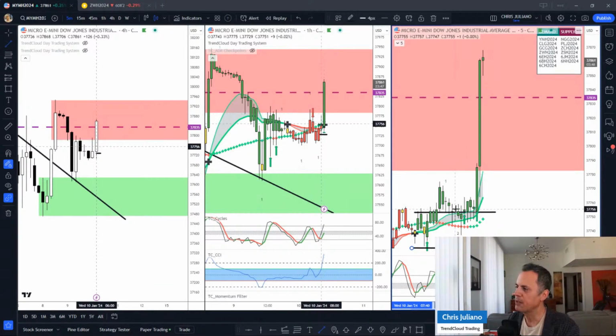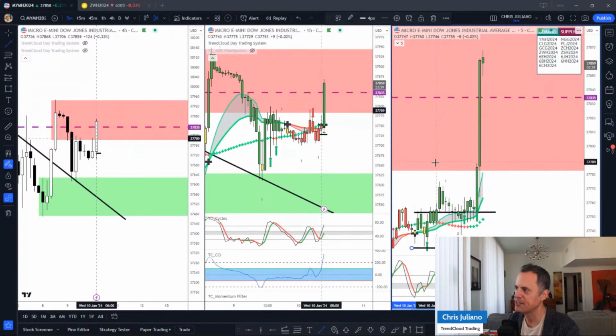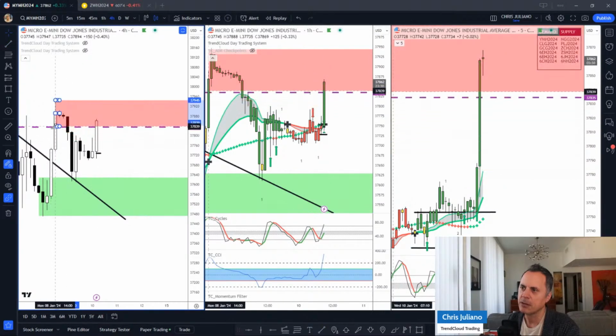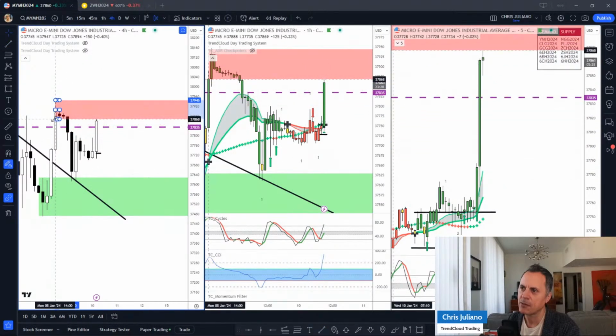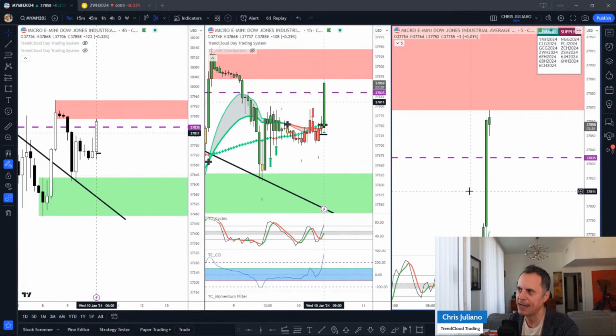But look where this red area is resistance. This is your ceiling, and it's a real thick ceiling. If we did it like this and used those 2 basing candles on the 4-hour, it gave us a lot more room, and it's just hitting it now, right?